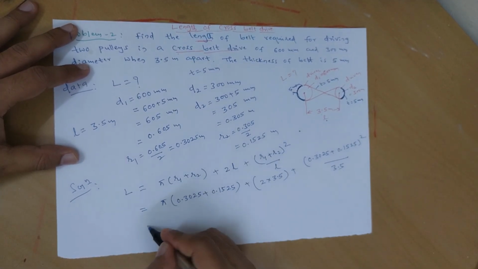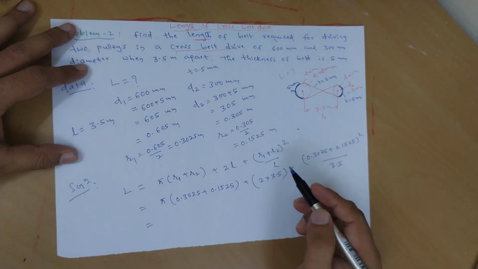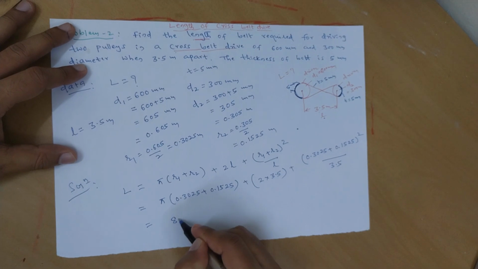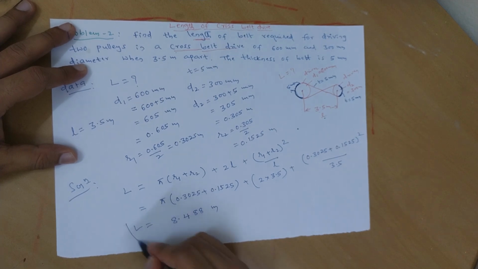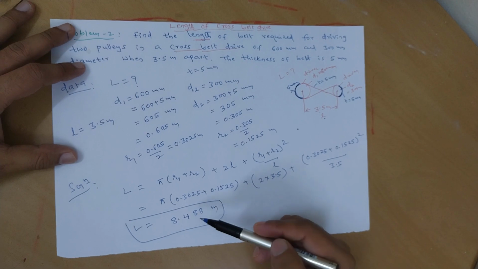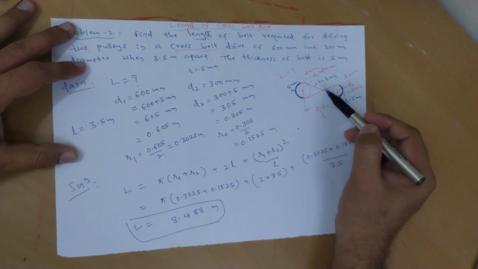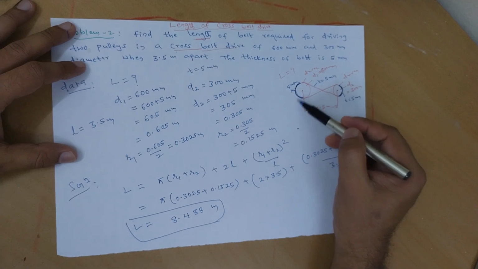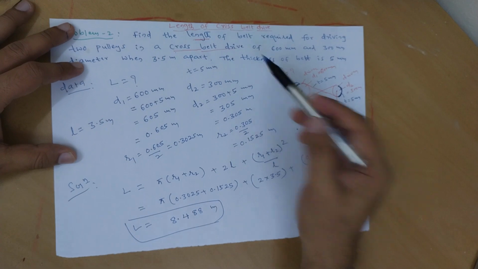This is the substitution. Now simplify and we get the total answer of 8.488 meter of length. So nearly 8.4 meter length of belt is required to transfer power from the driver pulley to the driven pulley. This is the problem given here.